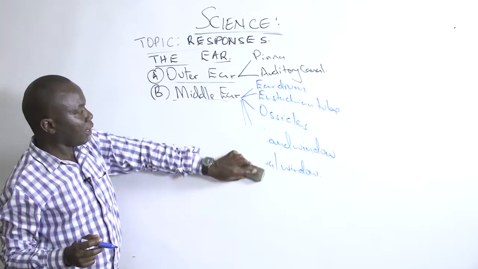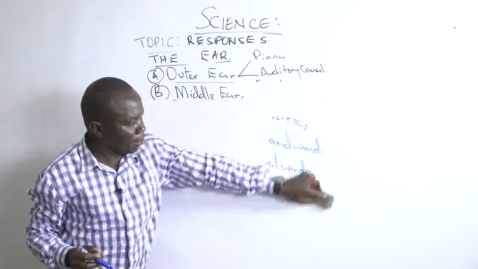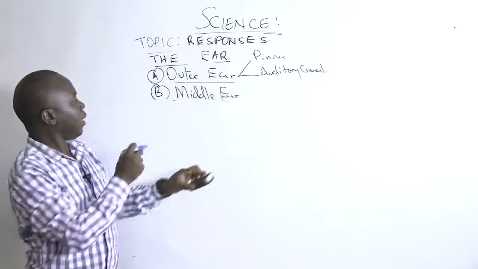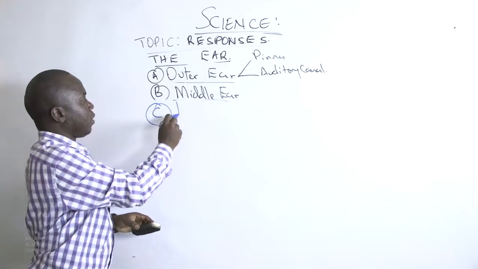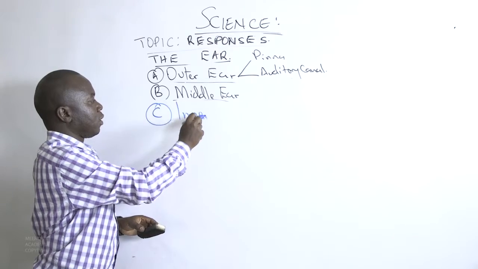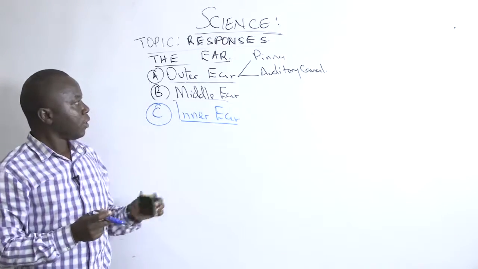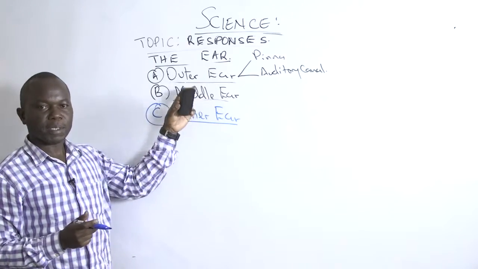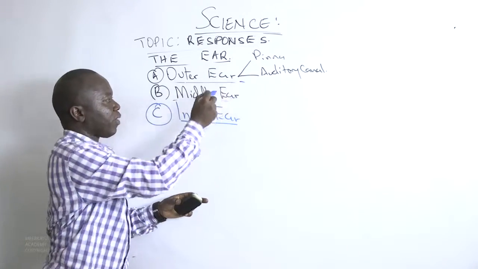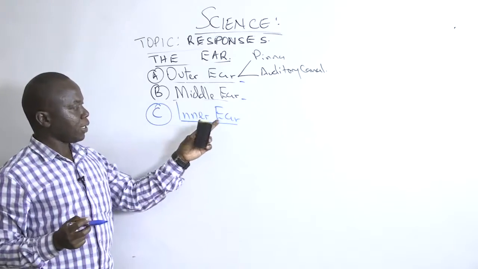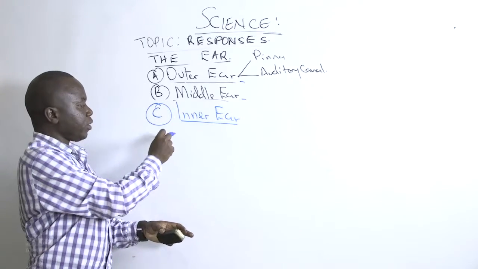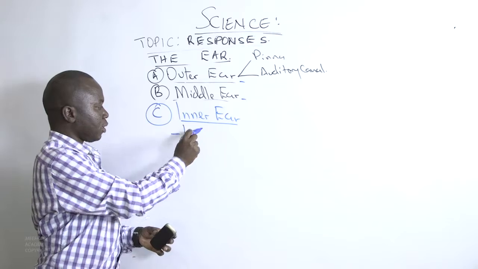Now we look at the inner ear. So these 2 parts are majorly air-filled. We have air, we have air. But the inner ear is filled with fluids.